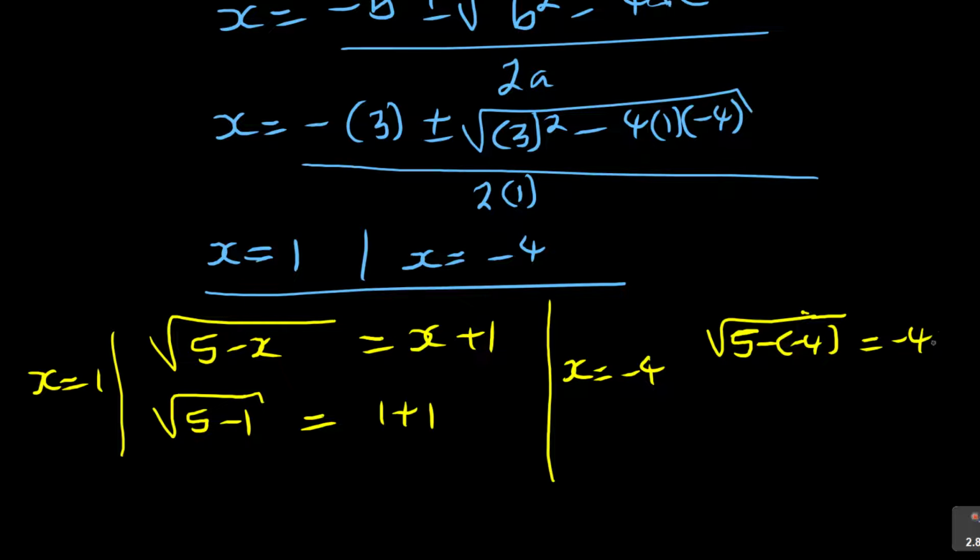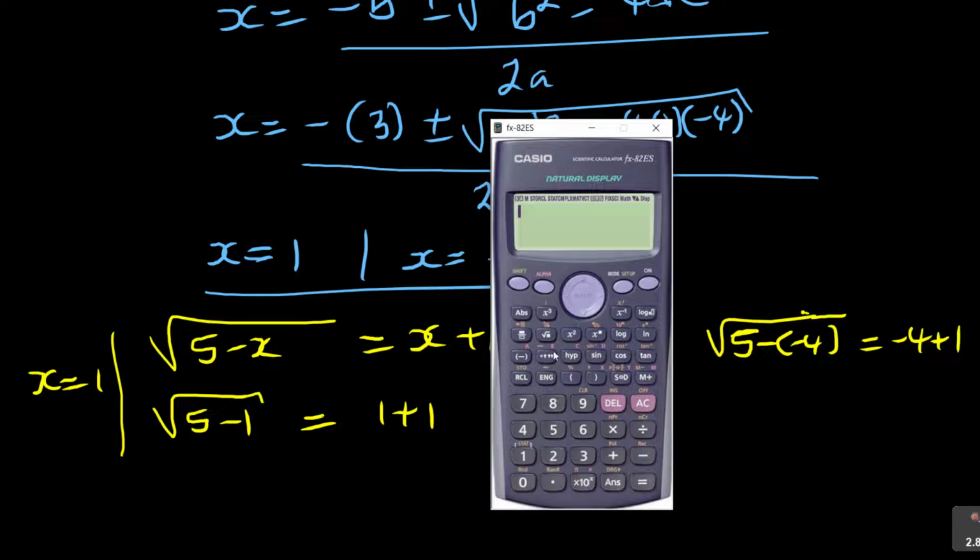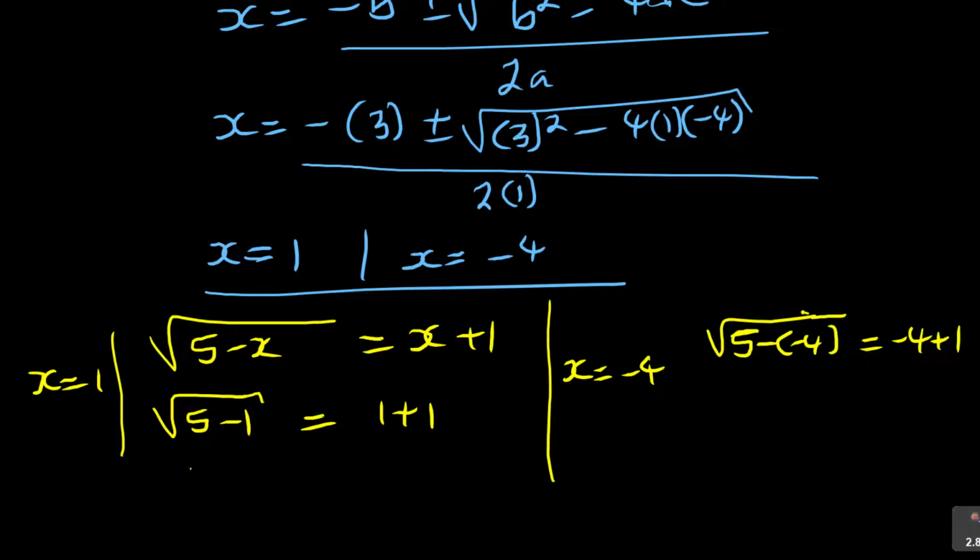So we need to test now these answers. So how do you test that? This is what you do. You come here and say square root of 5 minus 1 equal to, on the other side I've got 2, and then 2 is equal to 1 plus 1 is 2. So this is fine. Then you test the other side.